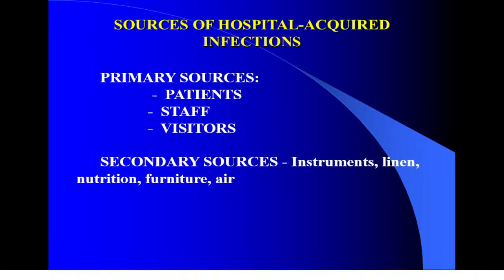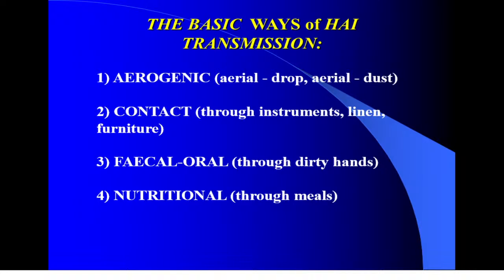Sources of hospital-acquired infections. Primary sources are patients, medical staff, and visitors. More often, sources of infection may be other patients and medical staff. Secondary sources are objects of hospital medium, instruments, linen, nutrition, furniture, and air also.